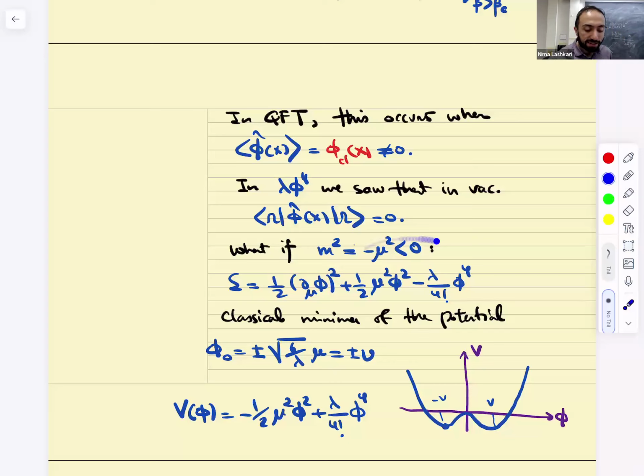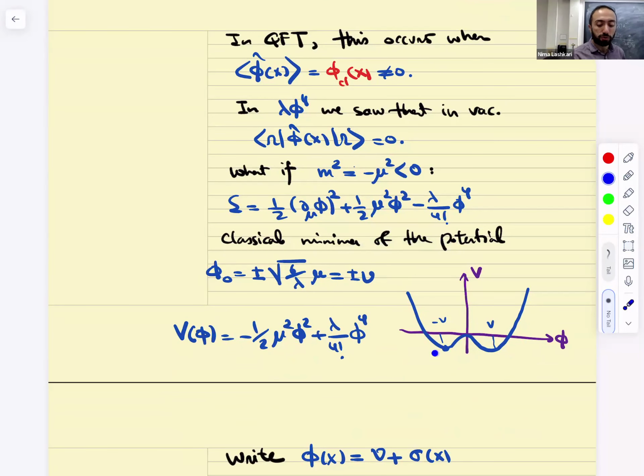So the first thing is, classically, this potential is fine, because it's bounded below. You might worry that with a negative mass there would be an instability. If it were just minus mu squared phi squared, it would go down and not be bounded below, but the phi 4 term lifts this and gives you a double-well potential.